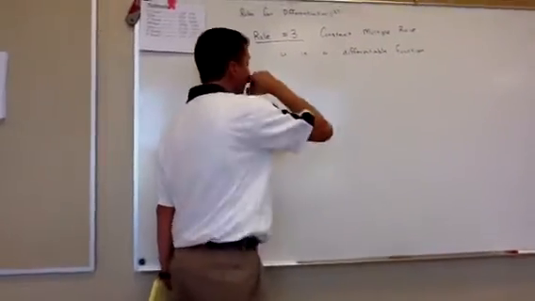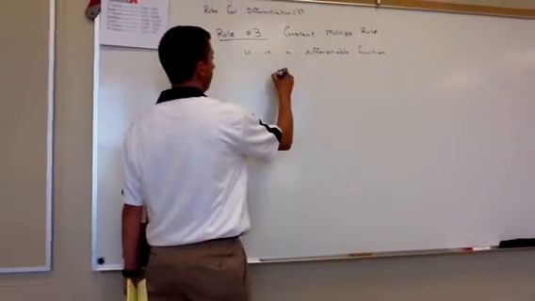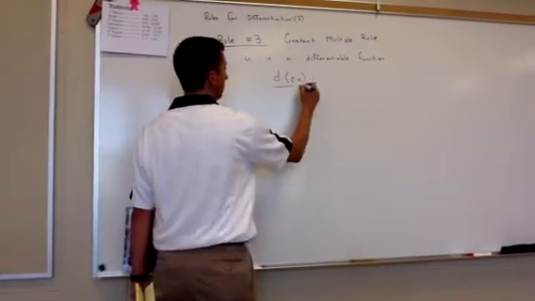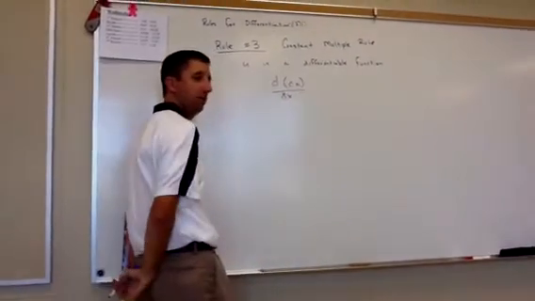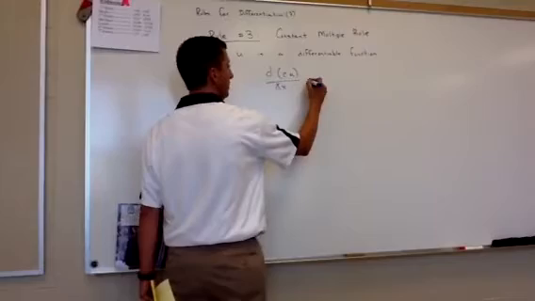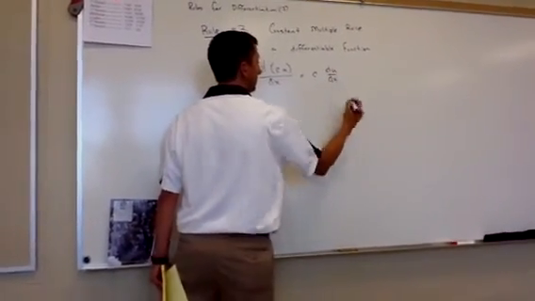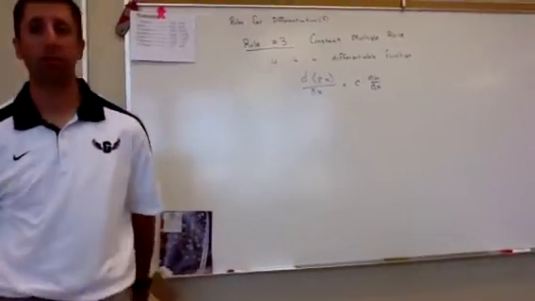And I want to take the derivative of some constant times u with respect to x, that's just equal to the constant times the derivative of u with respect to x.